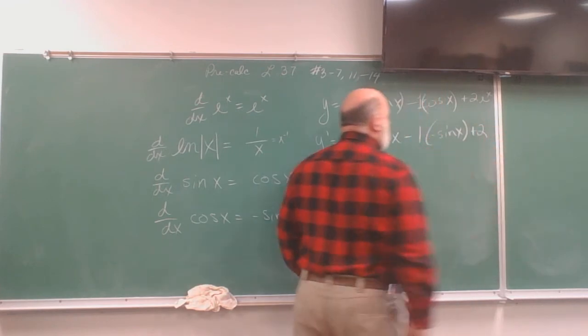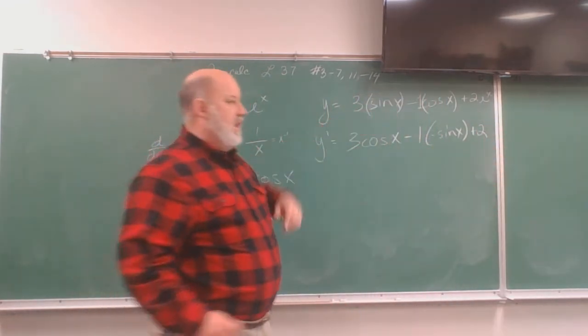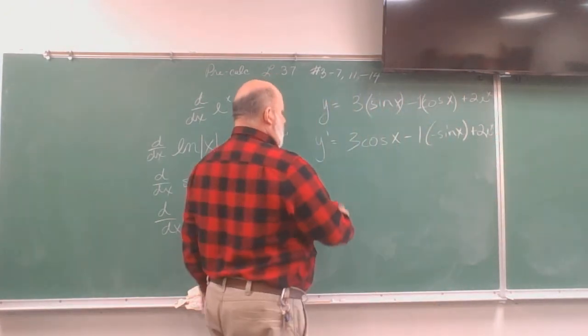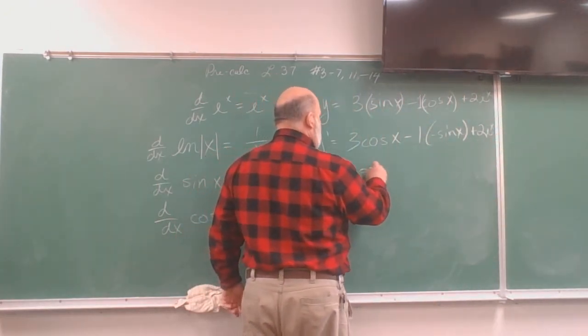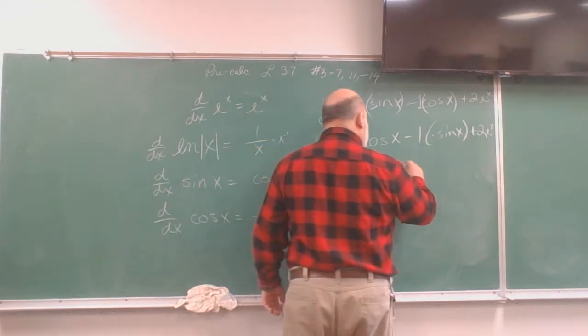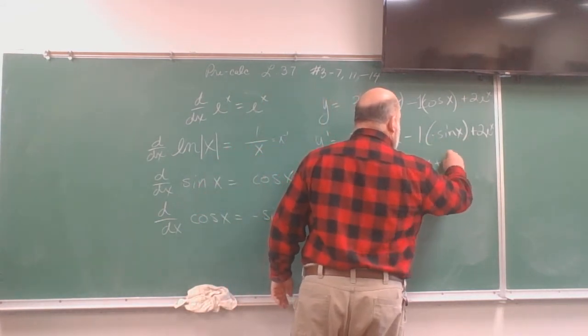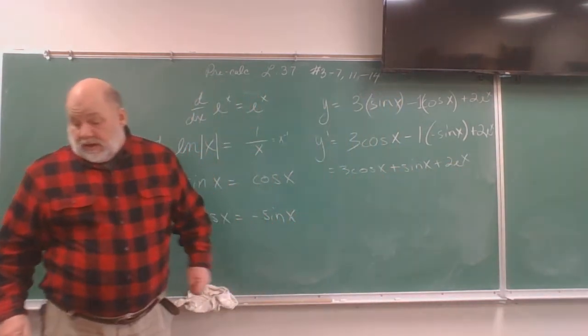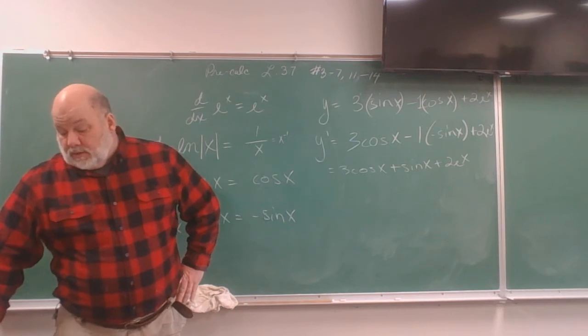Plus 2 times the derivative of e to the x, which is e to the x. So we get 3 cosine x. Negative 1 times negative sine gives me plus sine x, plus 2e to the x. It's actually relatively simple.